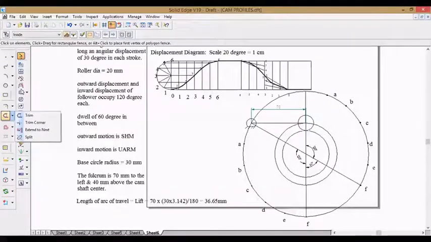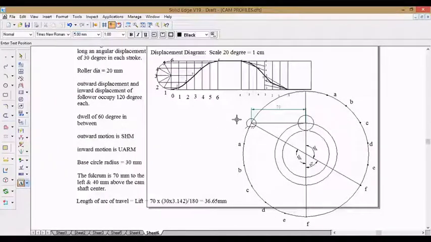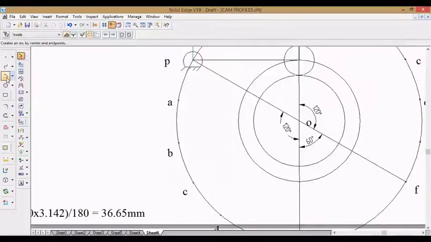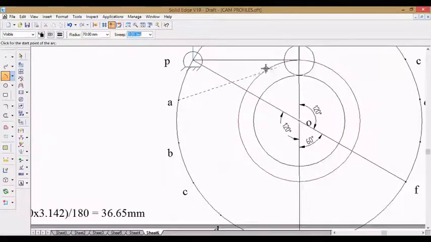With each of the points obtained as a center, with radius equal to OP. See, if I consider this as P and this as O, take the compass, center at this point A, radius you take 70 mm, the length of the oscillating follower, and cut an arc.